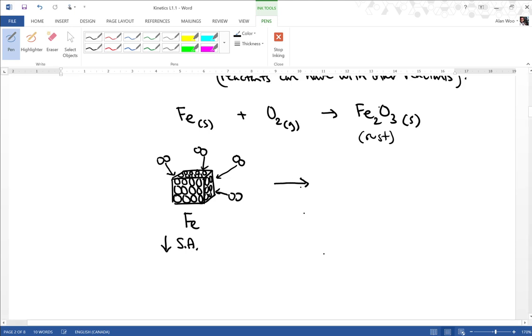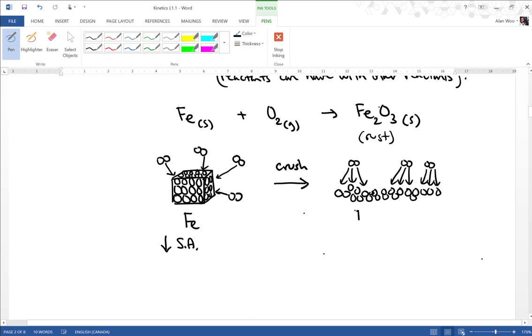But if we decide to somehow crush or break that iron cube into a powder, and then you spread it out like this, you'll now notice that your oxygen molecules have more surface to react with now.